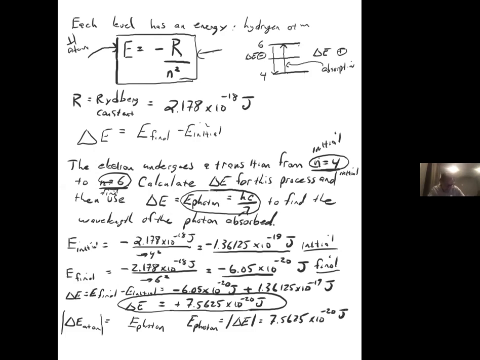Okay. Now we can use that relationship. I have that number there, right? So let me save this one. So delta E, E of the photon equals hc over lambda. We want to find the wavelength of the photon. So how do we do that?